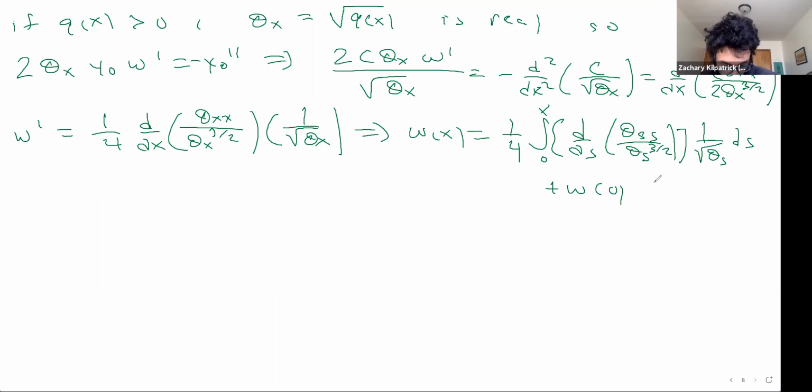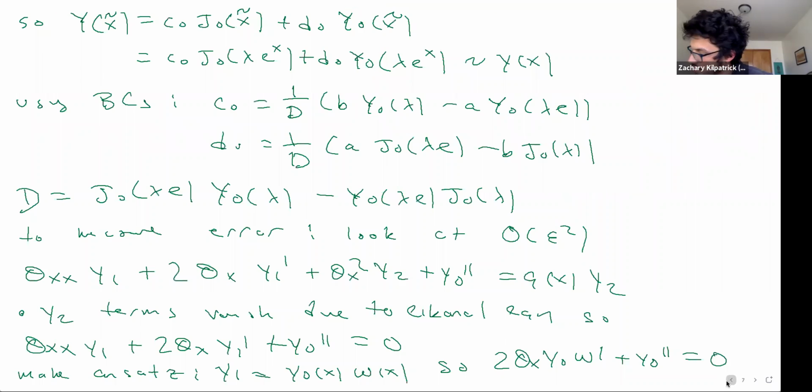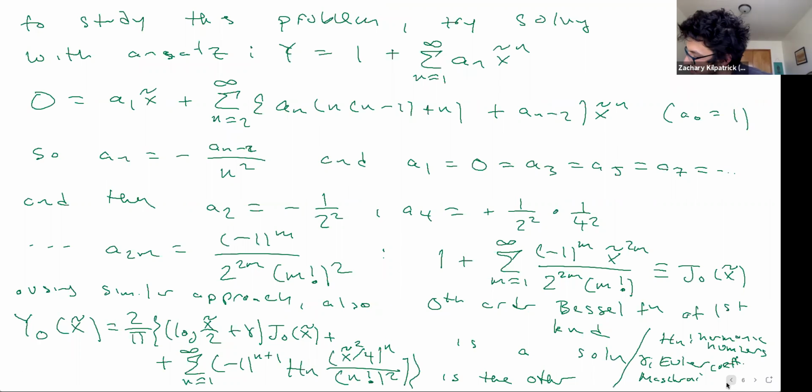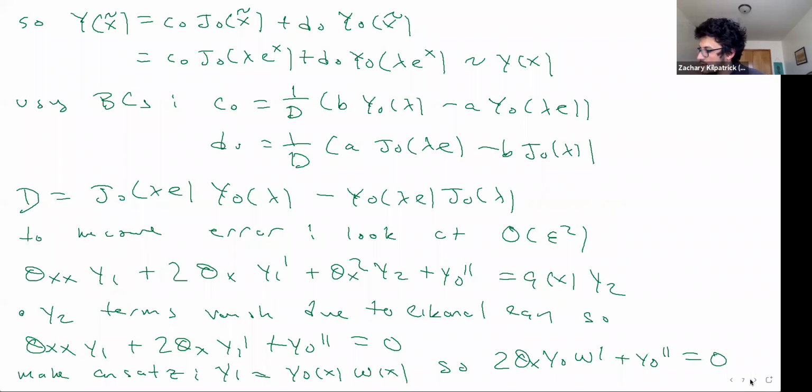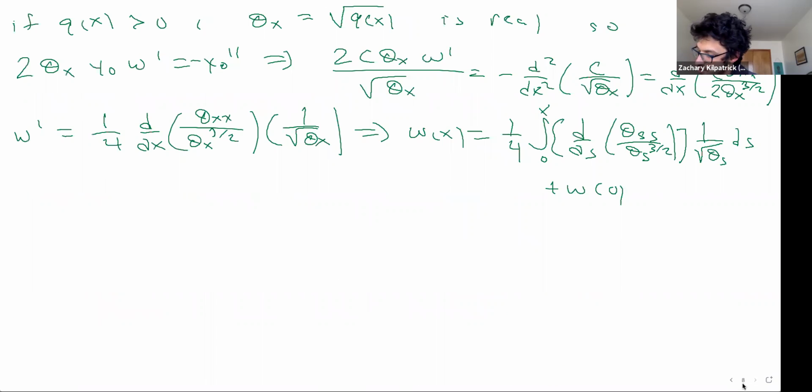So this little detour through this problem allows us to see that when we take a particular change of variables here, we get a very specific form of our leading order differential equation that we can solve.